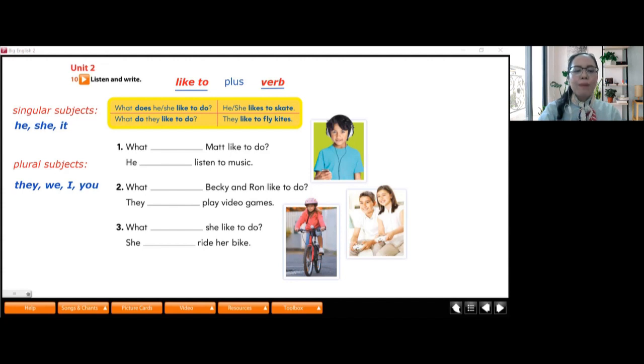I'll let you know about this first. On the left part, we can see some notes. In English, there are two types of subjects: singular subjects and plural subjects.